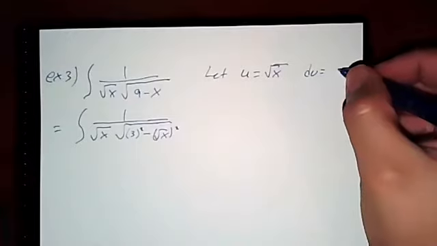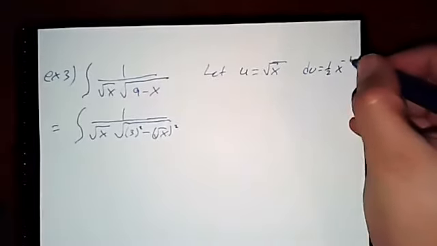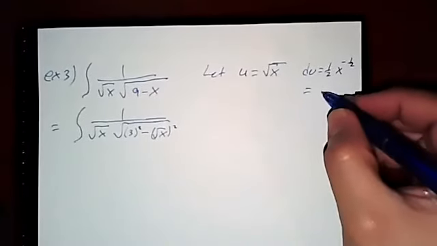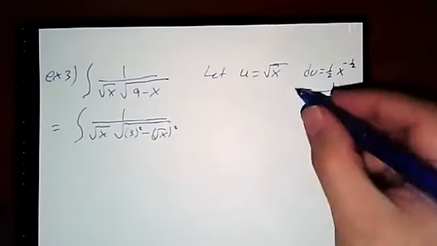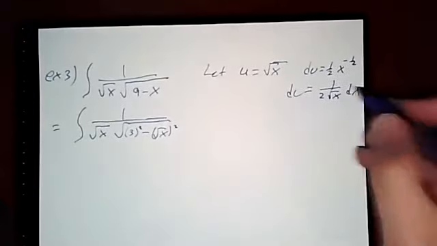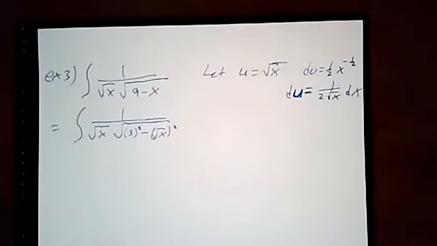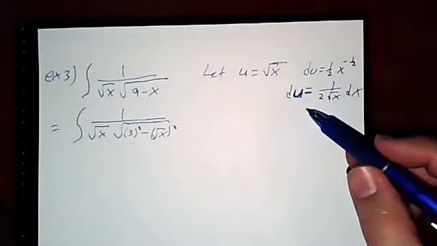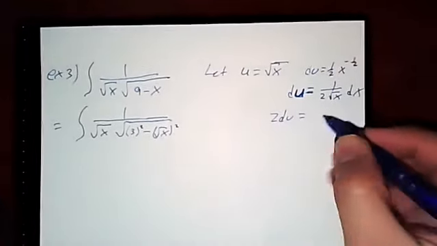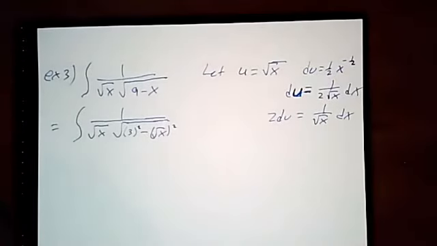So du would be, what? 1/2 x to the negative half, right? Doing the power rule, which would become 1 over 2 root x. I don't have a 2, so I'm going to multiply it over here. 2 du is equal to 1 over square root x dx.